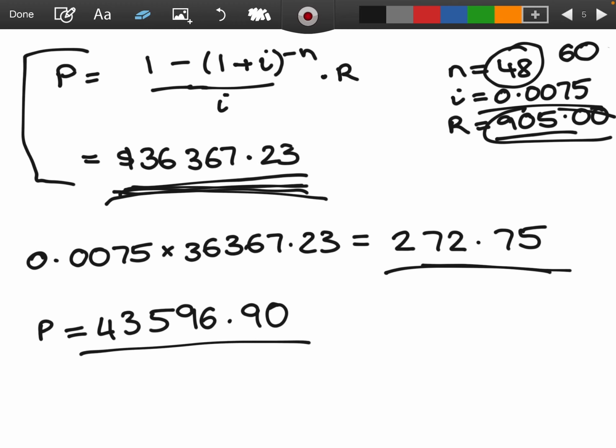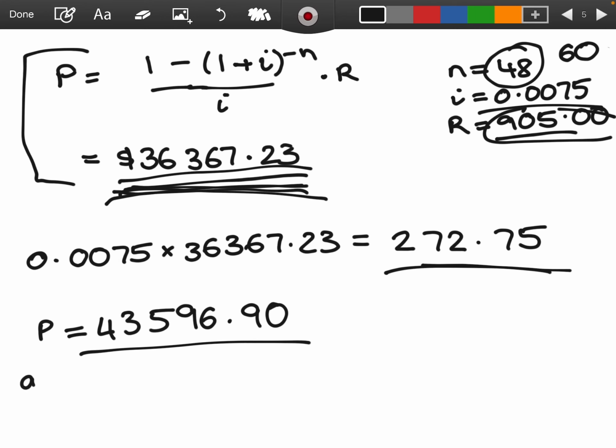At the end of 2022, we had $36,367.23 to pay off. So how much principal balance, how much of the loan did we pay off during that year? Okay. All we do is we subtract one from the other.